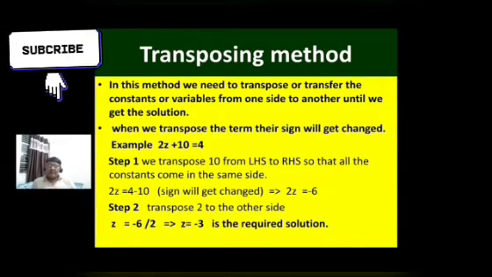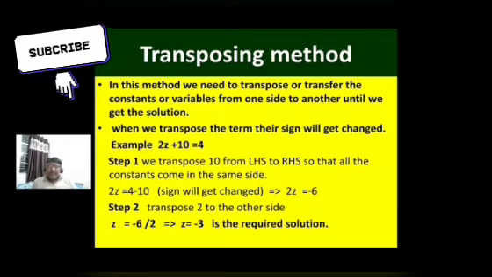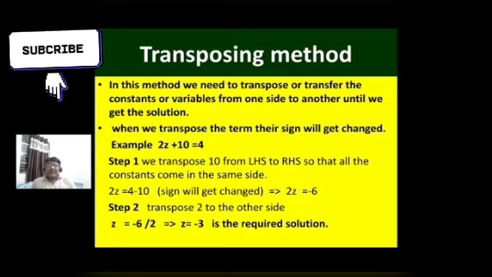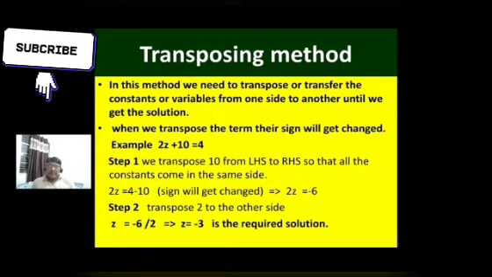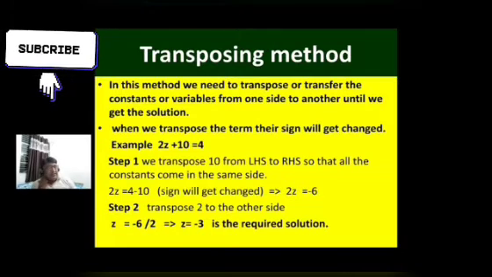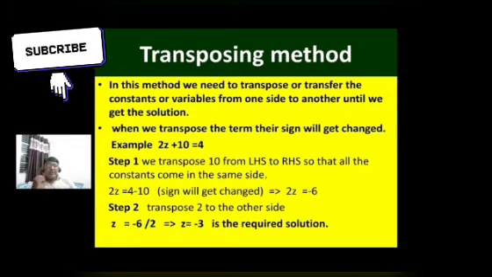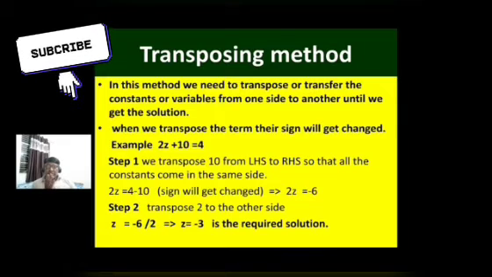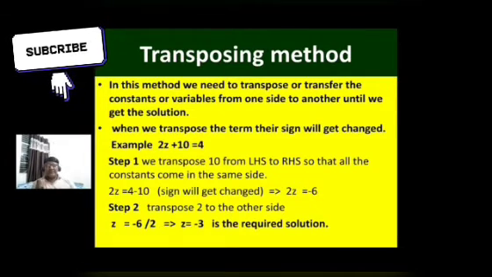So step 1, we transpose 10 from LHS to RHS so that all constants come on the same side. So when we transpose 10 from LHS to RHS, the equation becomes 2z is equal to 4 minus 10. The sign will get changed. So 2z is equal to minus 6.